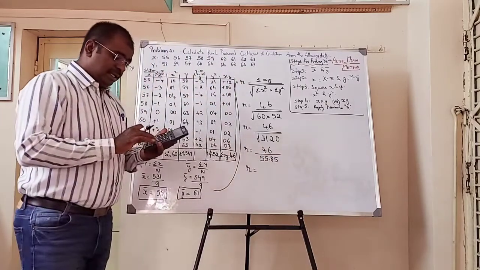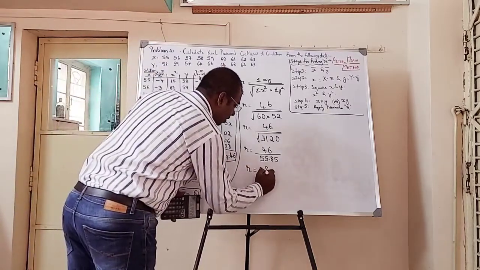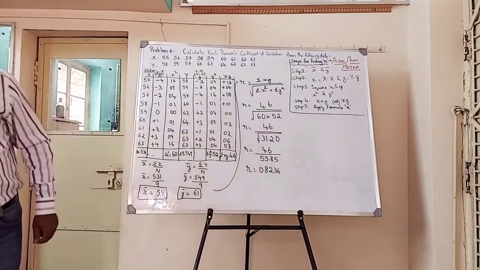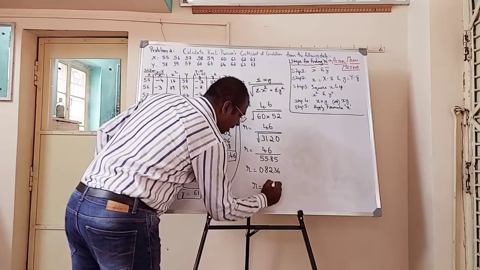And 46 divided by 55.85, which should be 0.8236.